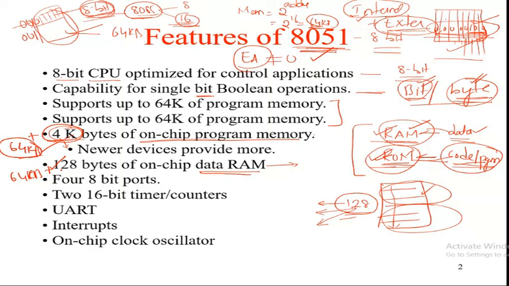So along with the internal 128 bytes of RAM and 4 kilobytes of ROM, it can access 64 kilobytes of external memory, and this can be accessed only with the help of these address lines.